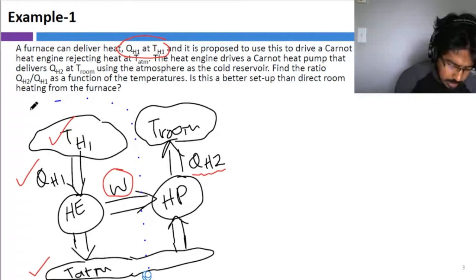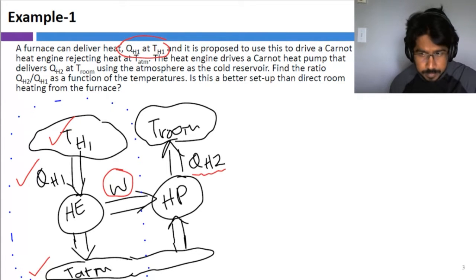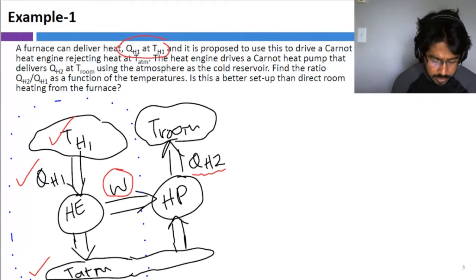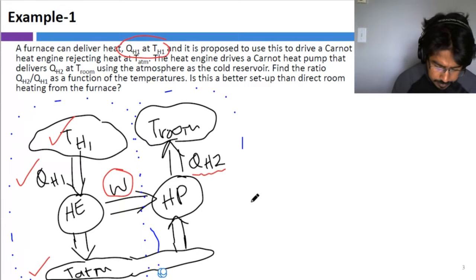Alan, do you understand this is how we draw a heat engine? Is it clear up to that point? Perfect. And the work from heat engine is added to the heat pump. Are you clear? Like, this is how a heat pump is drawn.